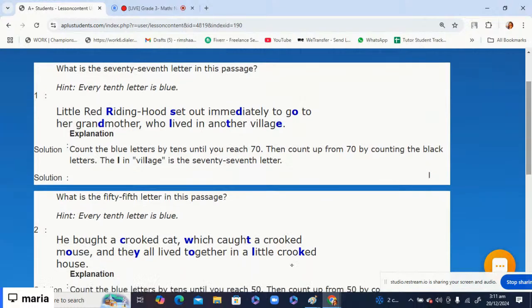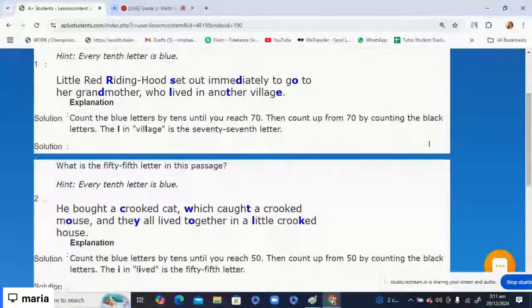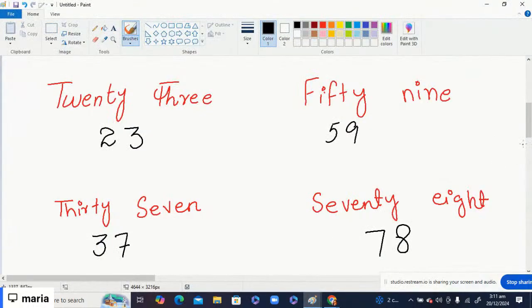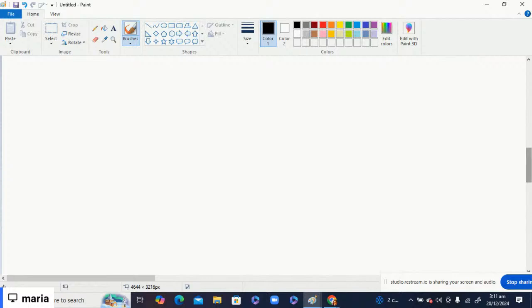Okay, now for example, if I'm going to write it here, some letters.